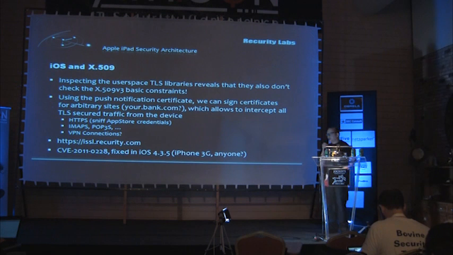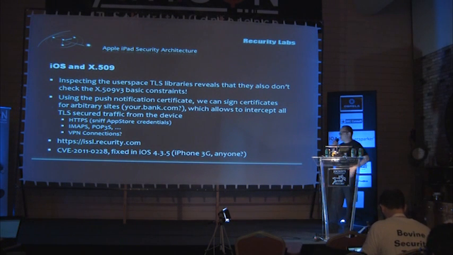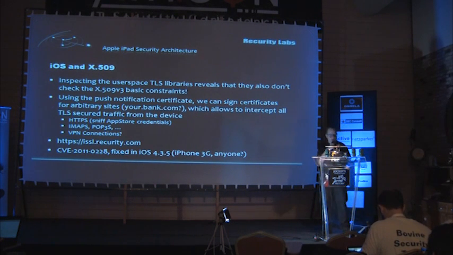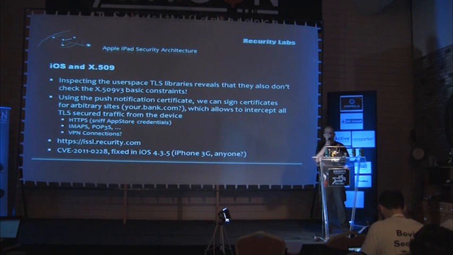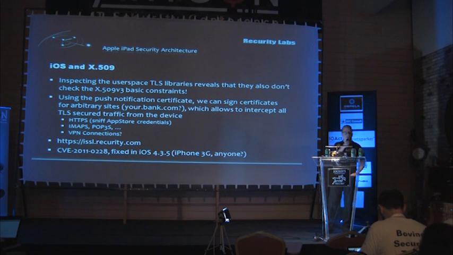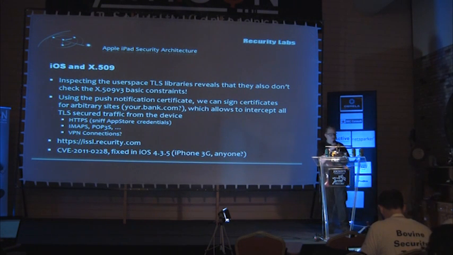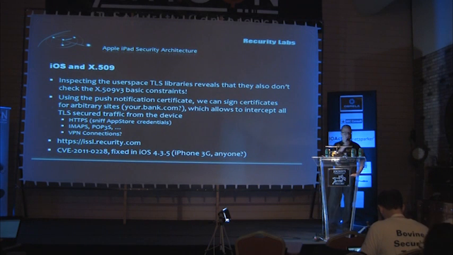Interestingly here, they updated iOS 4, and that means they updated the iPhone 4 and the iPhone 3GS. But nobody else. So if you have an iPhone before 3GS, SSL is broken and Apple doesn't care.